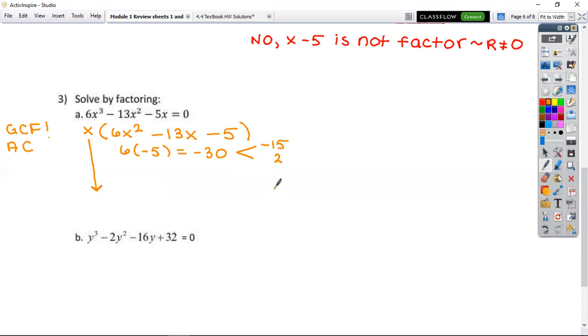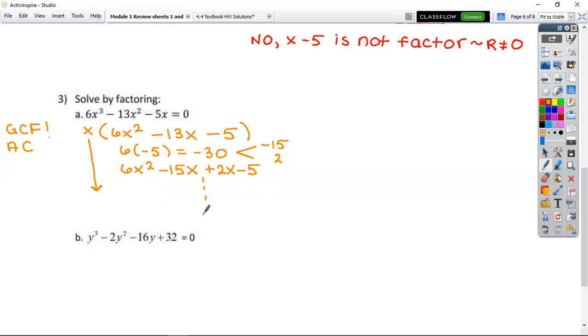Then you're going to place those right back inside. So I would have a 6x squared minus the 15x. Remember, you could put the 2 first too. It doesn't make a difference. Plus the 2x and minus the 5. You're going to go right down the middle of this and do your factor by grouping.